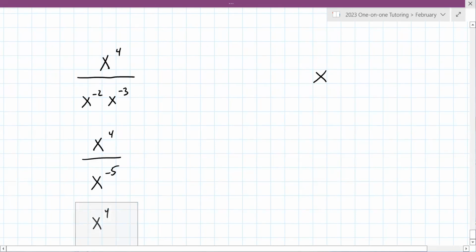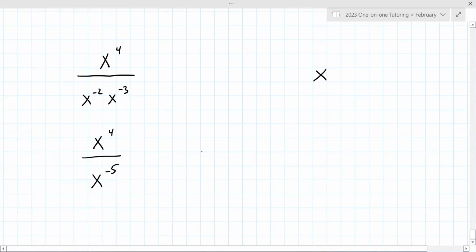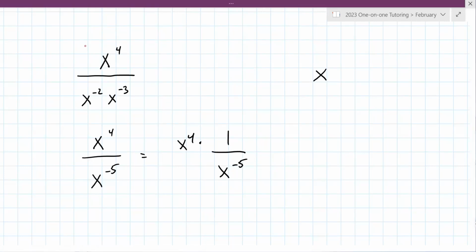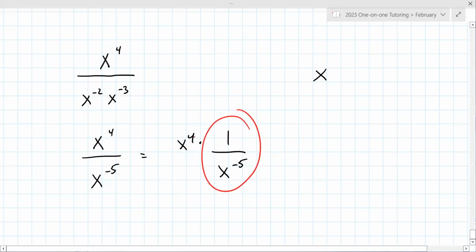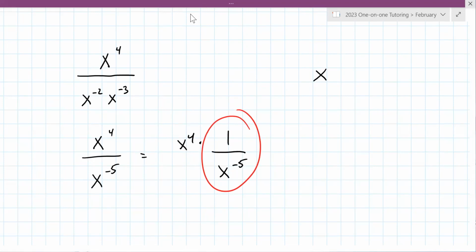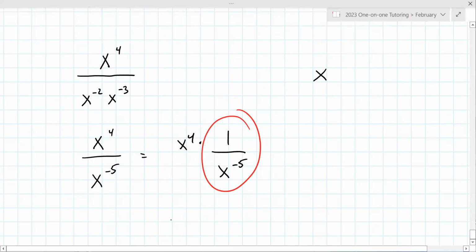This is very important because there's a couple of things you can do here. It's x to the 4th times 1 over x to the -5. What you do to this right here has no impact on the 4, if you're doing it that way, and that's totally fine. What I'm trying to say is it becomes x to the fourth times x to the fifth.